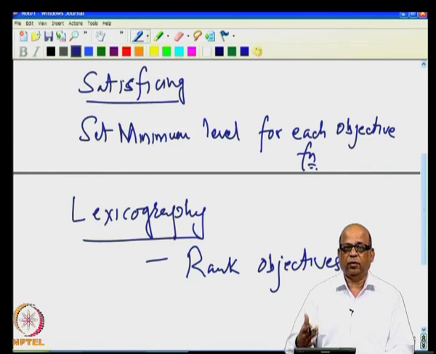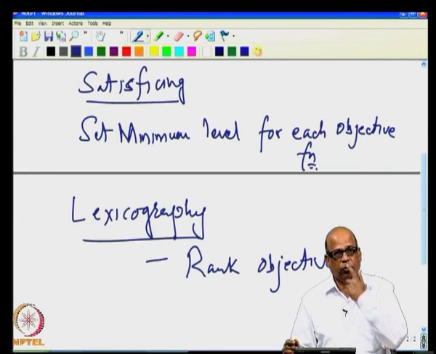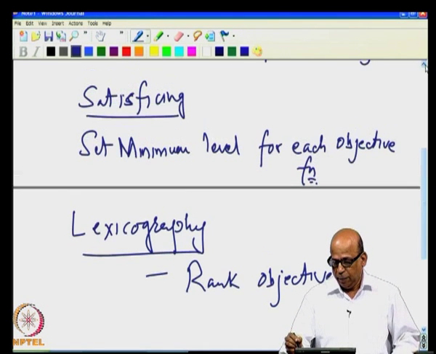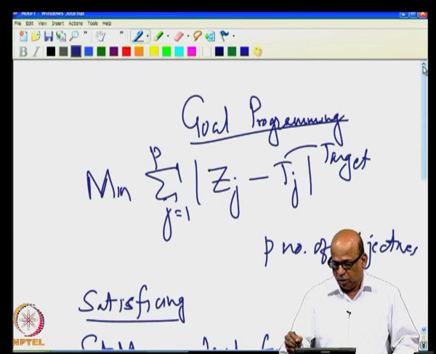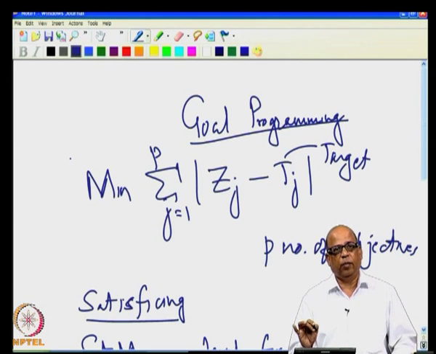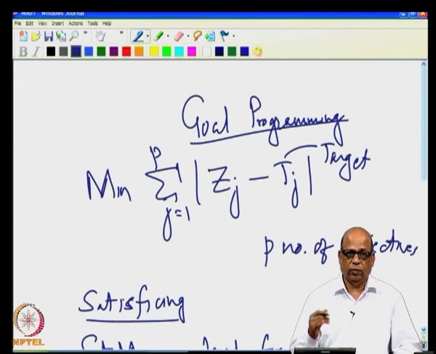So, we rank these things and then pick up the particular solutions. These are all ways of screening out different solutions once you obtain the non-inferior solutions. Anyway, when you are doing slightly higher level applications, all of these will become important. Just keep them in mind that such methods also exist.